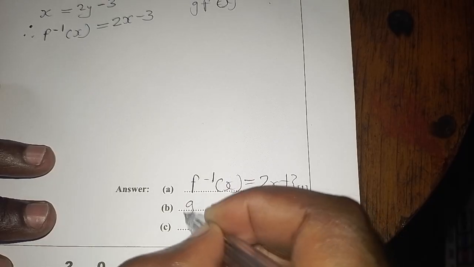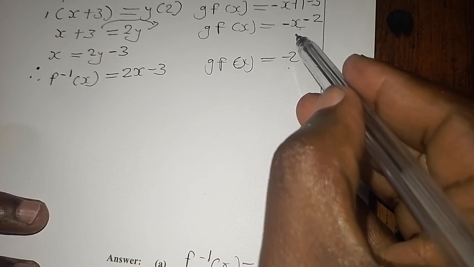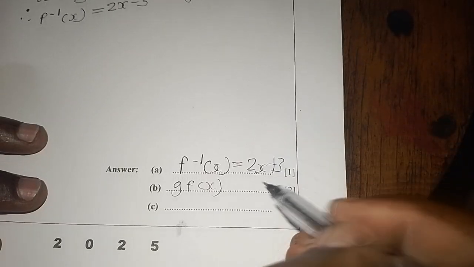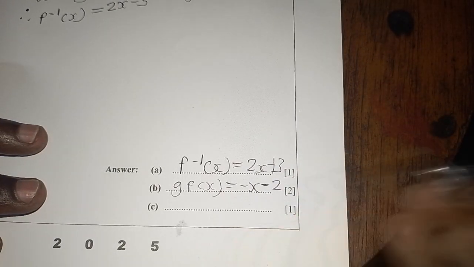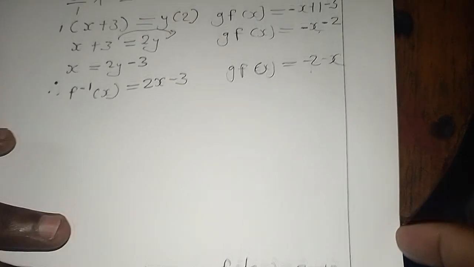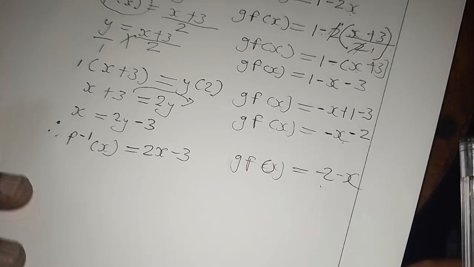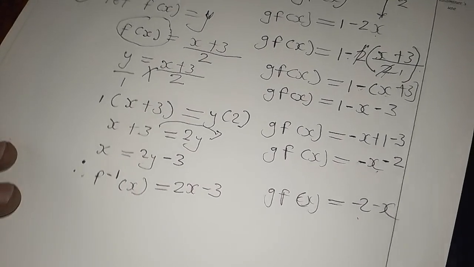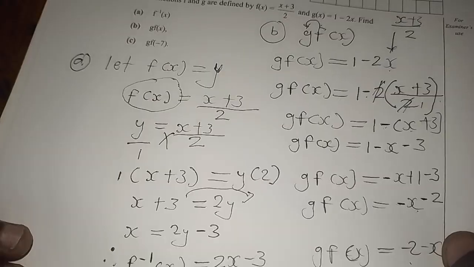We just say g f of x, I will use the first one, negative x minus 2. So equals to negative x minus 2. Sometimes I do show my learners other ways, because you find there are different teachers. So just know the one who put this or this, the answer is the same.